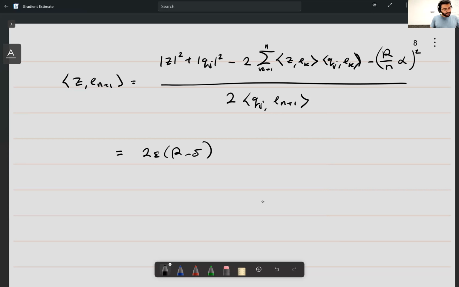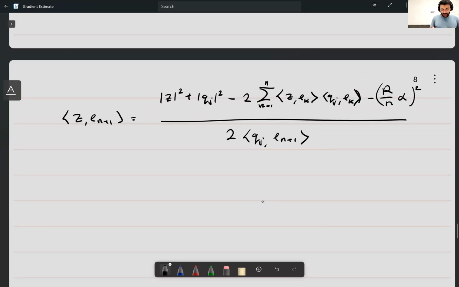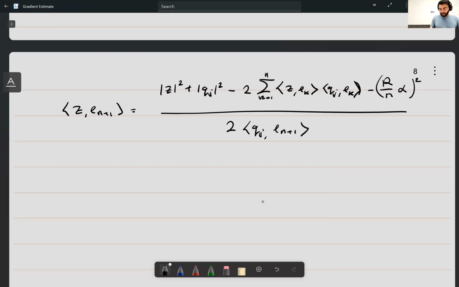So, let's see. Maybe I'll not do the rest of this calculation. You can maybe be convinced that you can bound this quantity by looking at the individual quantities. For the Z part I get 2 epsilon r minus delta.